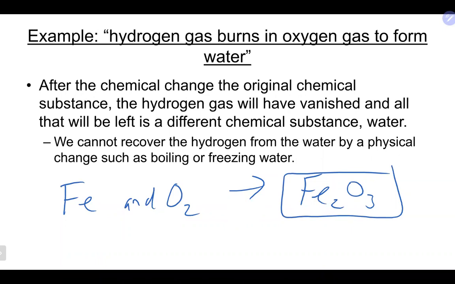And if you ever study something that's rusted, you can't get back the iron by itself or the oxygen gas by itself by just trying to clean it, filter it, or heat it. So it has really gone through a chemical reaction here and changed. And that would be an example of a chemical change as well. Any questions on the difference between physical change and chemical change?